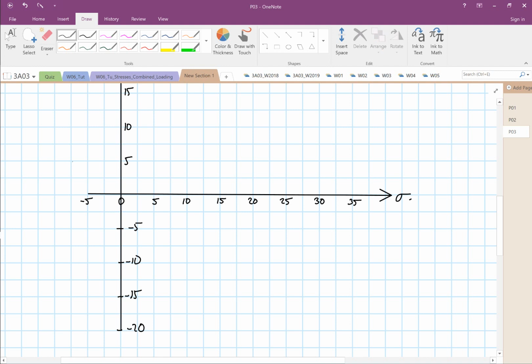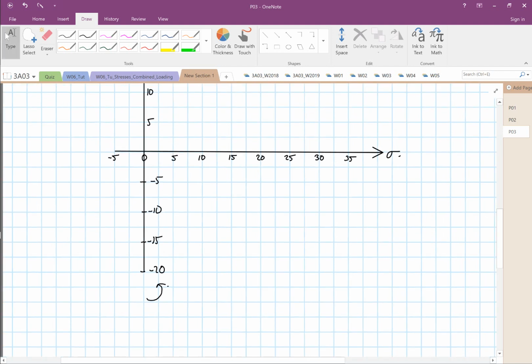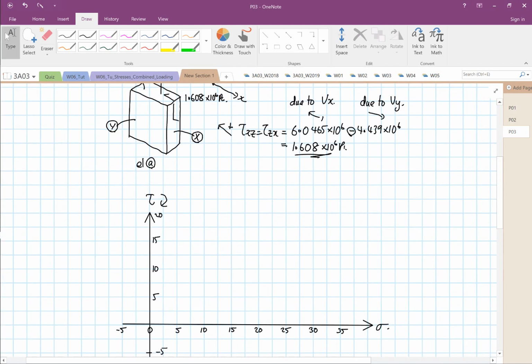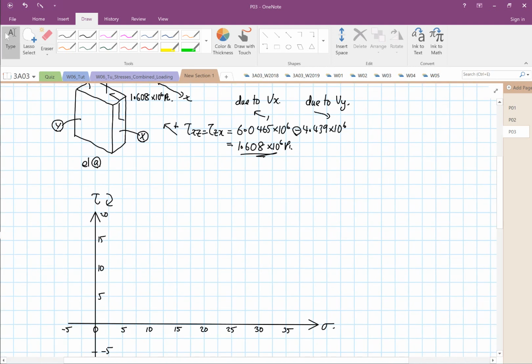The element rotation is clockwise, which I'll elaborate on. So what we have is stress X and stress Y equal to 0.